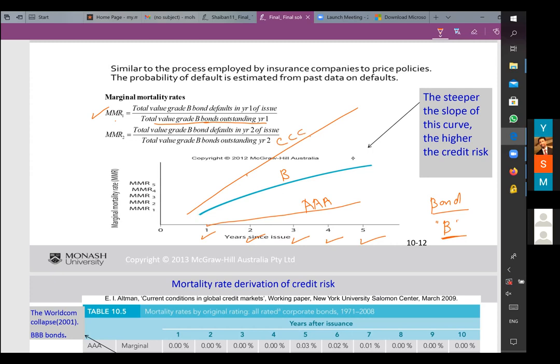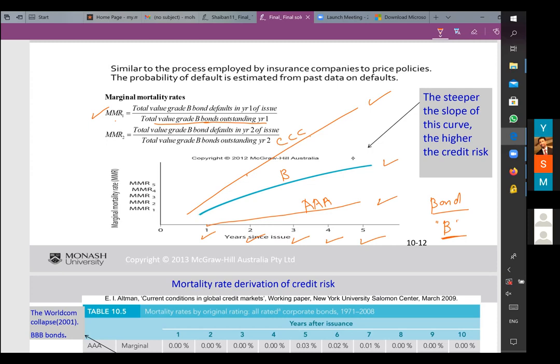So if you are going to invest and you want to see the credit risk where you are going to invest, or you are going to give a loan to one of the companies in these classes, this model can help you see how much those companies default. It depends on your appetite for risk, which one you will take, whether you will invest with a company that is CCC or B or AAA.